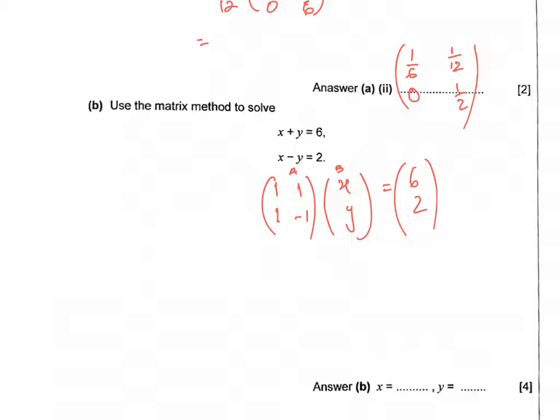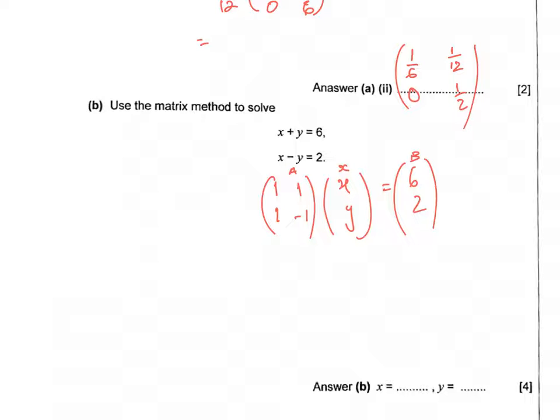Okay, now I'll say this is X because I don't know it, and that is B. Now what I don't know, I will say A times X should give me B.